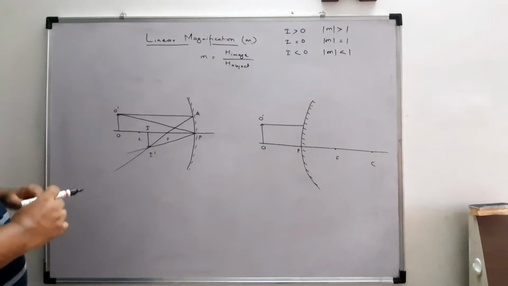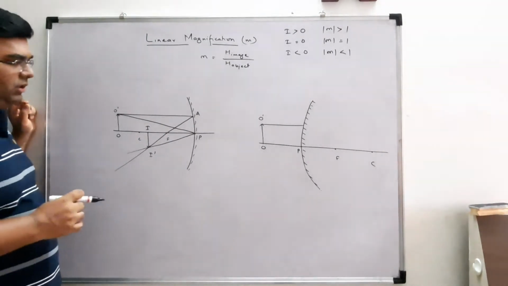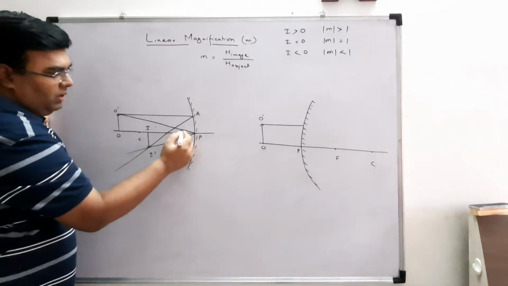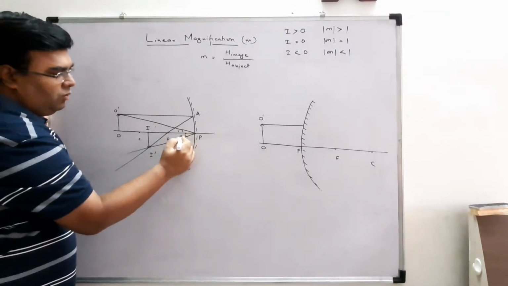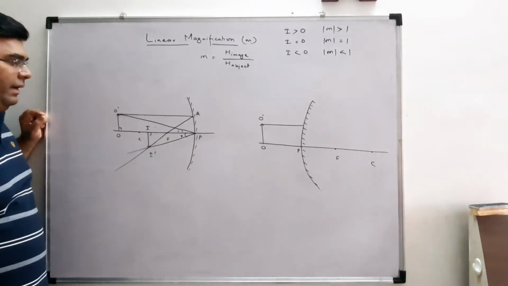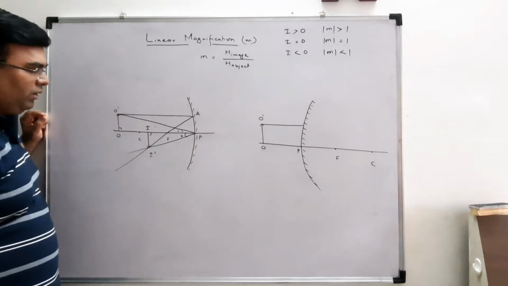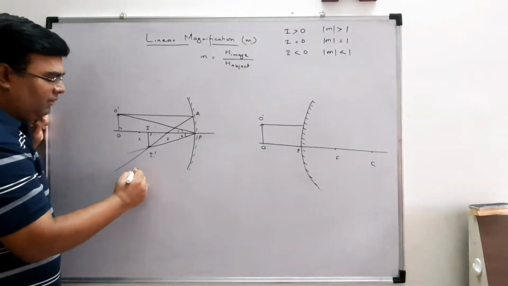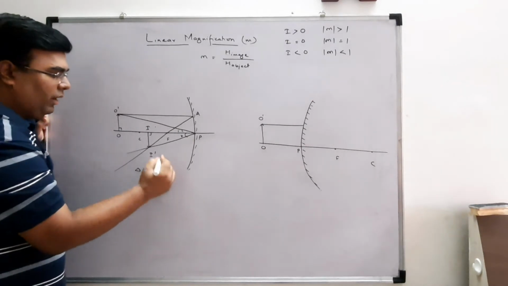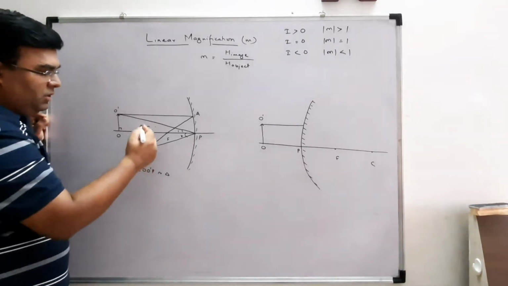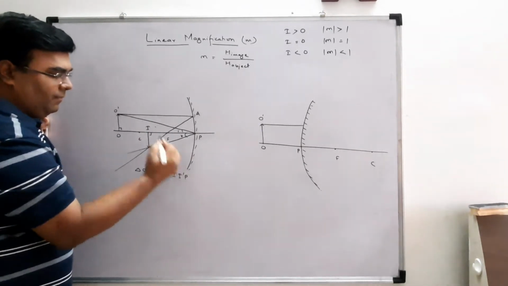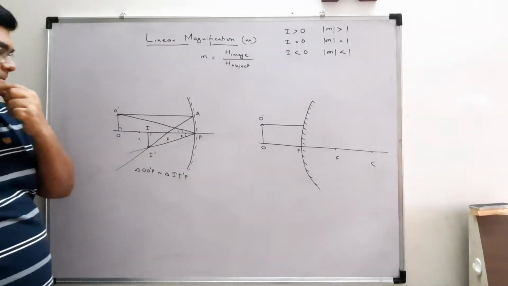Now earlier also we have shown that these two triangles are similar. How? This I is equal to R and these two angles are 90 degrees, correct? So you can always write that triangle O dash PO is similar to triangle I dash PI, correct?